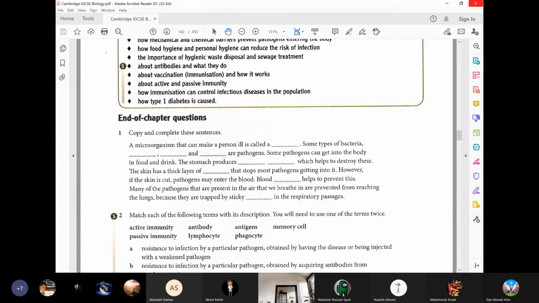A microorganism that can make a person ill is called a dash. Yes, boys. Pathogen. Very good. It is called a pathogen. Some types of bacteria, dash, dash, and dash are pathogens.